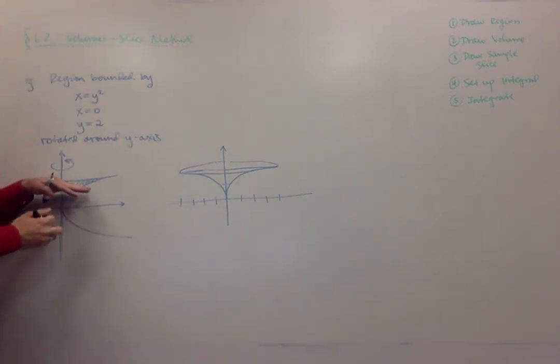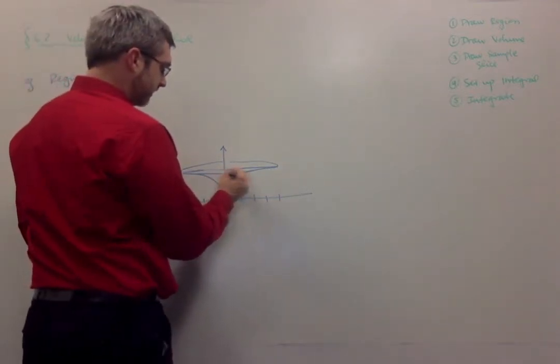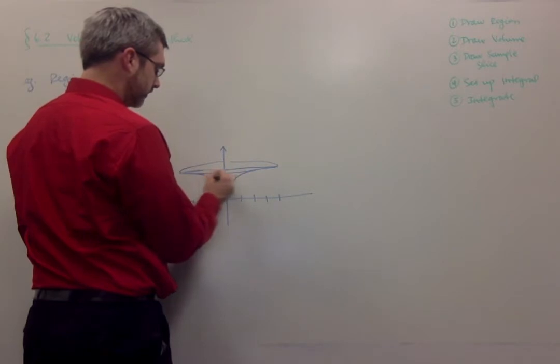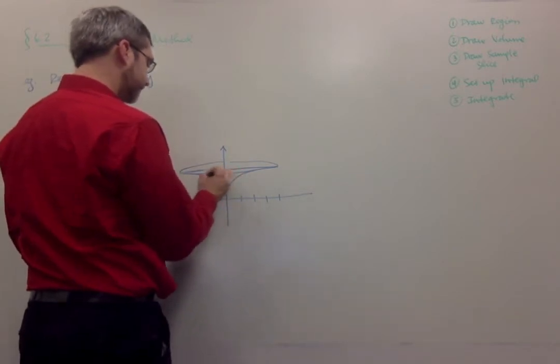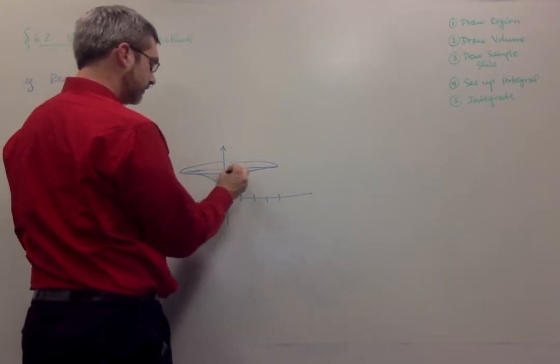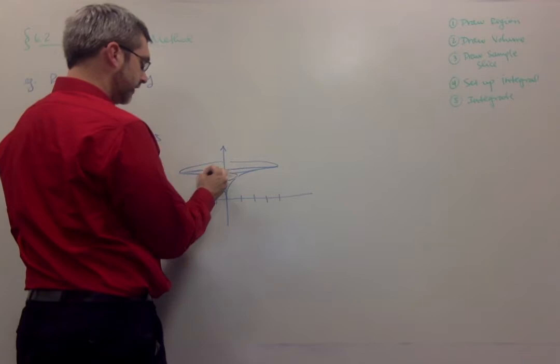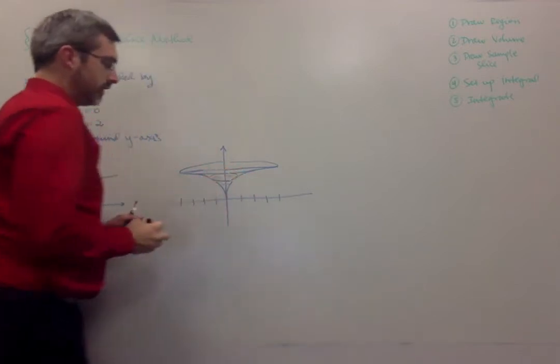So if you slice this way, and you were to take that slice, wish I had a working black marker here, and rotate it, all right, hopefully you can kind of see a little bit of this at least.